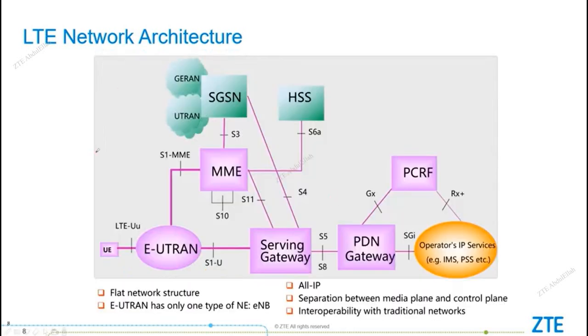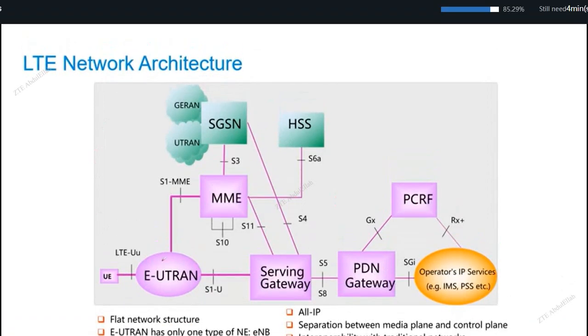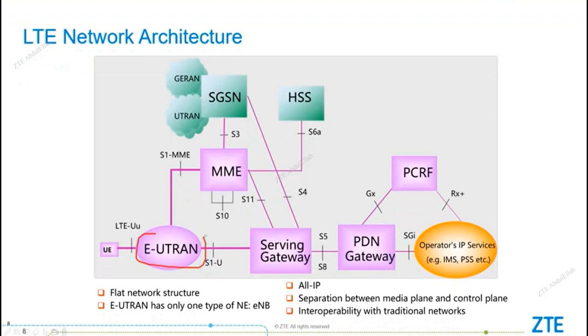And this is the network architecture in logic. Here EUTRAN, the same as the previous slide, this is eNodeB, right? And this is MME and SGW. So they are all S1 interface, but in logic we divide them. The first is S1 to MME, the second is S1-U.